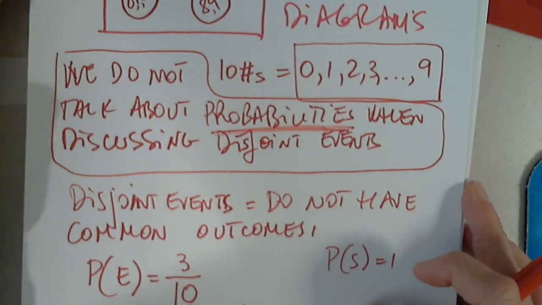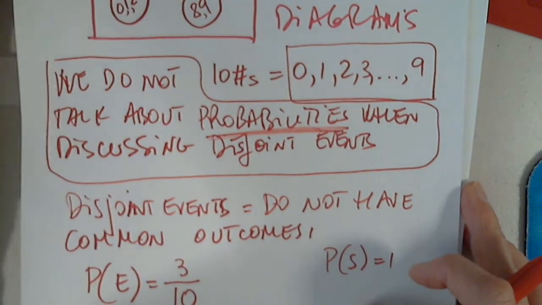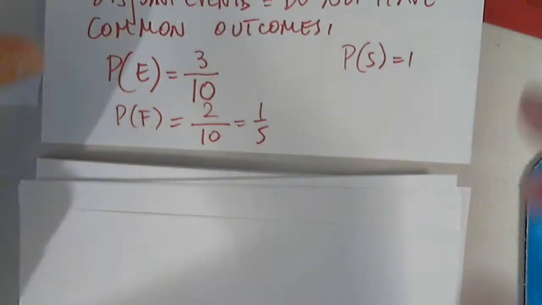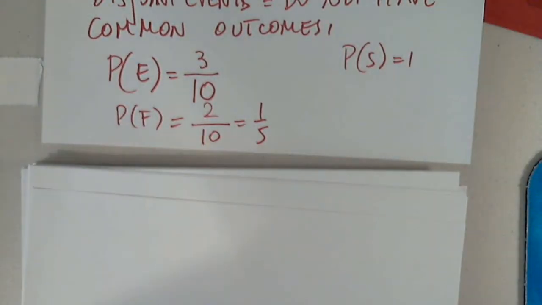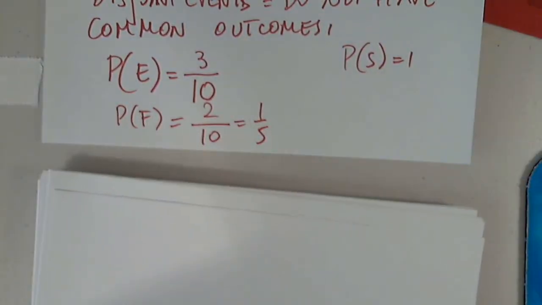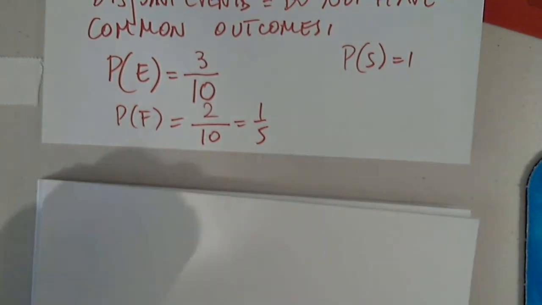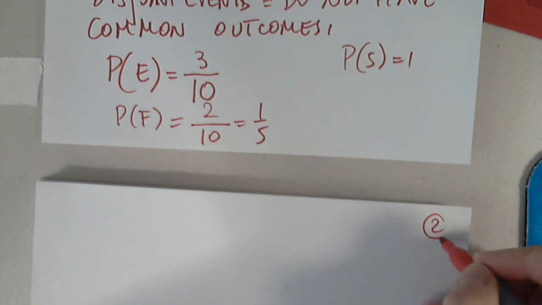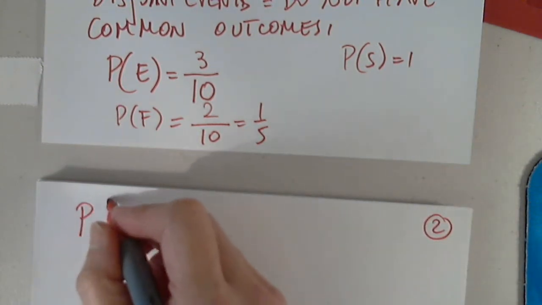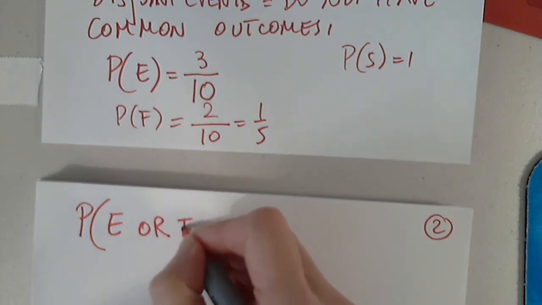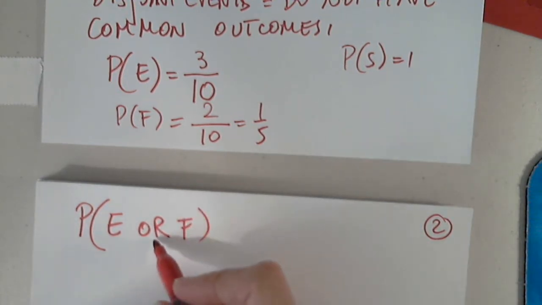Now, what if we want to calculate what is called OR? There are 2 ways of writing this OR situation. And I prefer showing both, not just the one in your book. So if I want to determine the probability of E or F, or is normally denoted by union.